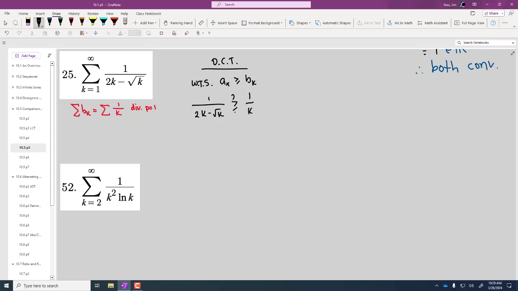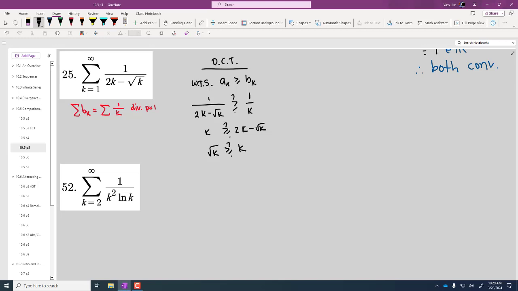So we get that. Now, when you do this cross multiplication business, you kind of get into this weird no man's land here. Let's do this. I'm going to add the root k to the left, and I'm going to subtract k from the right.